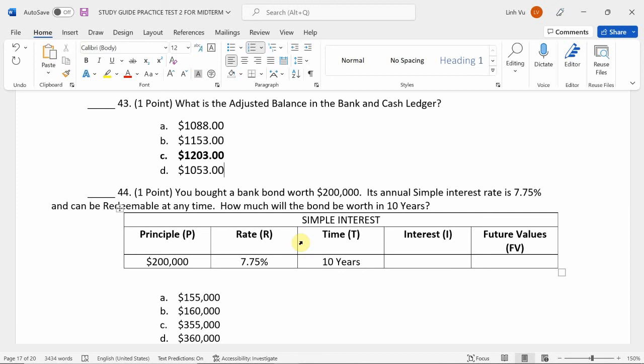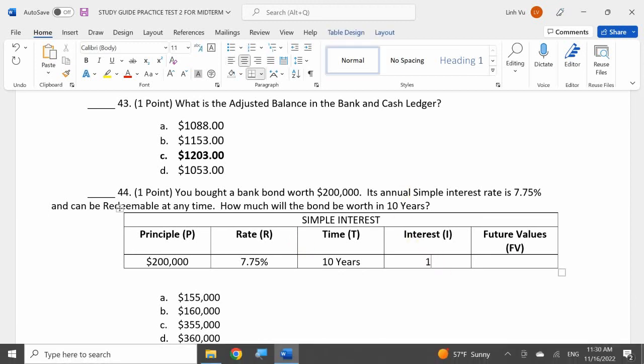So in this case, we need to calculate principal times rate times time to get our interest. You're going to take 200,000 and multiply that by 0.0775. And because it's in 10 years, you're going to multiply by 10 years, and your interest should be $155,000.